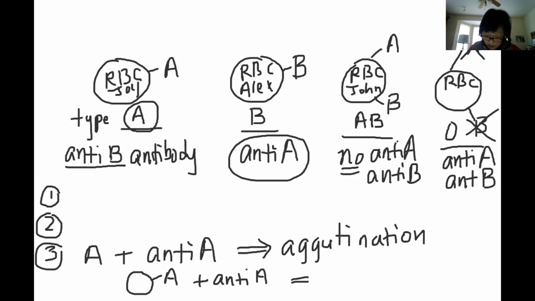Then what's going to happen to this cell? The cell is going to lyse and clump together. That will destroy this cell. You got that? So if someone has A antigen on RBC in his or her blood, you cannot have anti-A antibodies, because the antibody will destroy all of these RBCs.